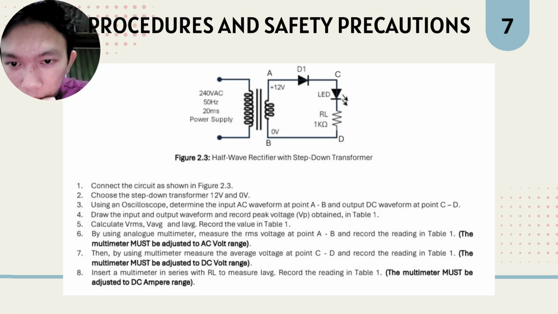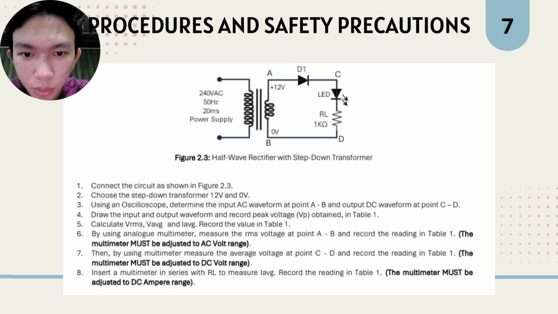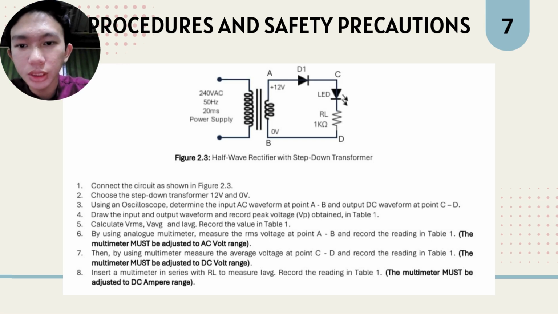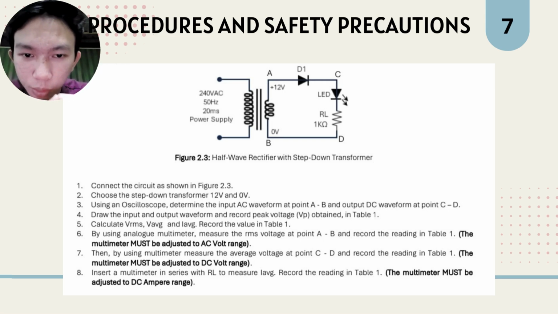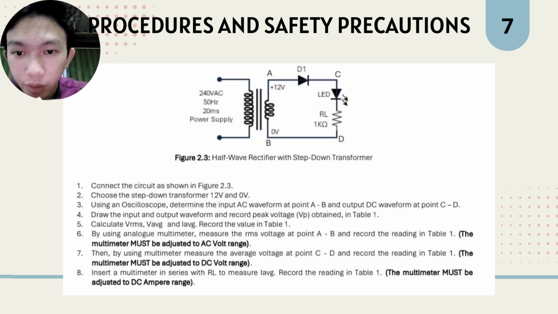Second, using an oscilloscope, determine the input AC waveform at points A, B, and the output DC waveform at points C, D. Before you determine the input AC waveform at point A, you need to calibrate the oscilloscope first, and then put the value in the oscilloscope.